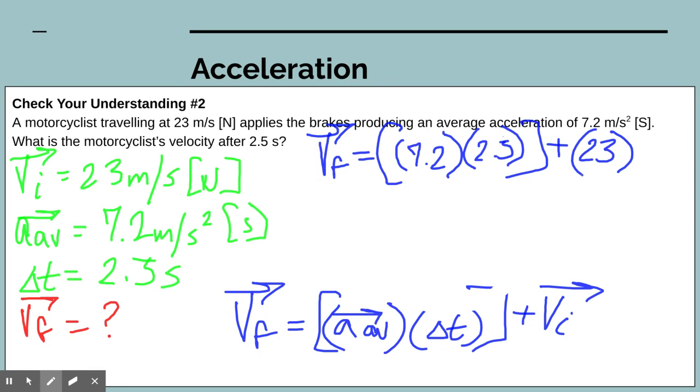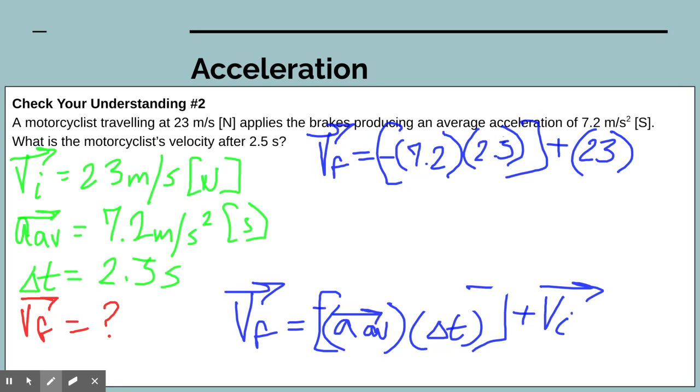I almost forgot about something. Sorry, if you caught it, maybe you caught it before I did. Remember, we're moving in the northern direction, but the brakes are being applied in the southern direction. Because of that, we have to put a negative on our acceleration since it's in the opposite direction from the one we're traveling. Remember, we're dealing with vectors here, and vectors depend upon direction.